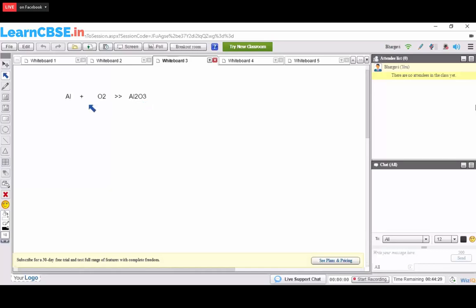Here also the same thing: first we have to balance the oxygen, then we balance the aluminium. While balancing the oxygen, here it is 2 and here it is 3. So 2 oxygen atoms and 3 oxygen atoms are not the same. What we have to do is multiply with 3 over here and 2 over here.